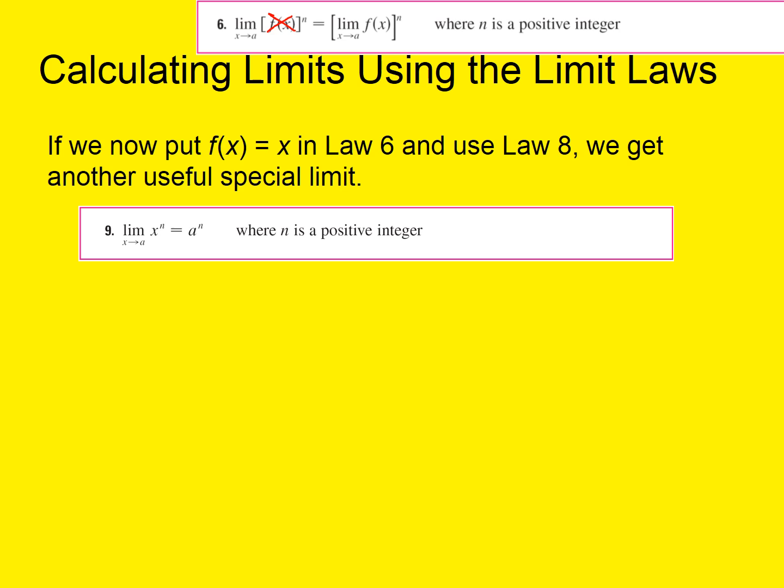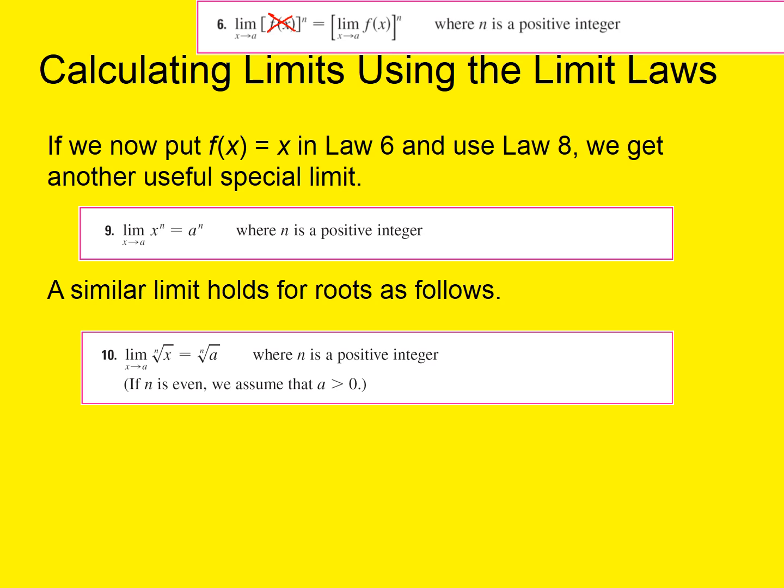So the limit as x goes to a of x to the n is a to the n. A similar thing holds for roots, because a root is a power after all. So the limit as x goes to a of the nth root of x equals the nth root of a, where n is a positive integer.